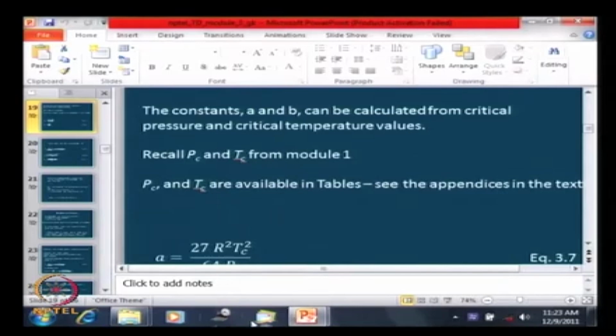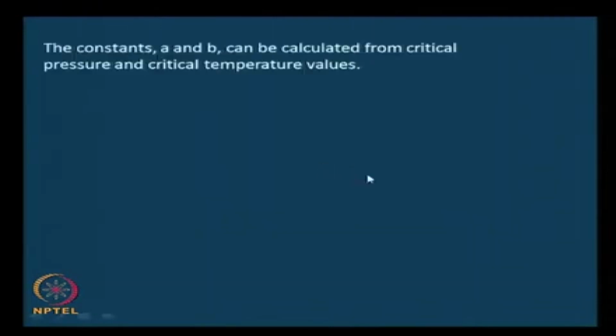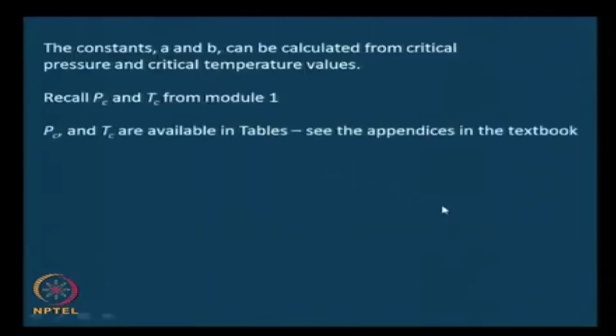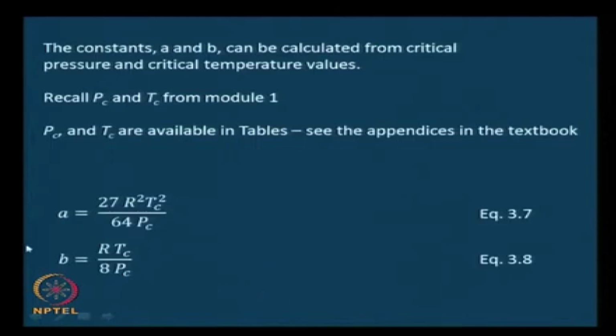From that critical point, which is tabulated for pure substances, and that tabulation is available in the appendix of your textbook, we could get the values of A and B by these expressions. A was 27 R squared Tc squared by 64 Pc, and B equals RTc by 8 Pc. This is for the van der Waals equation of state.